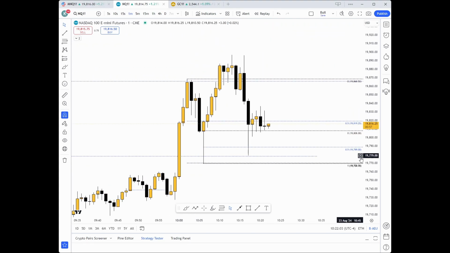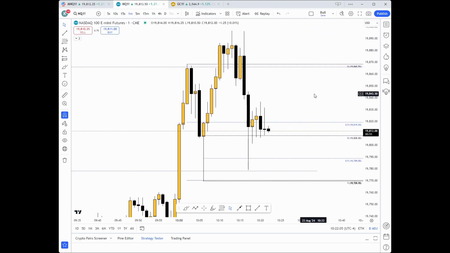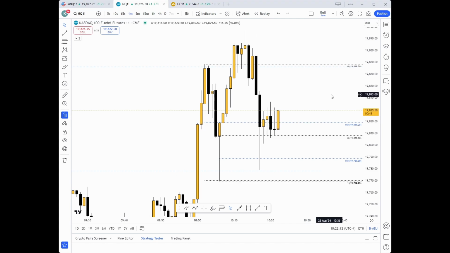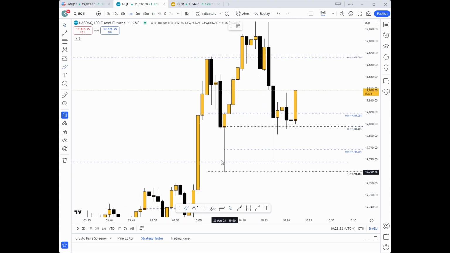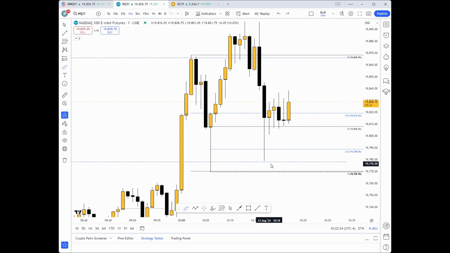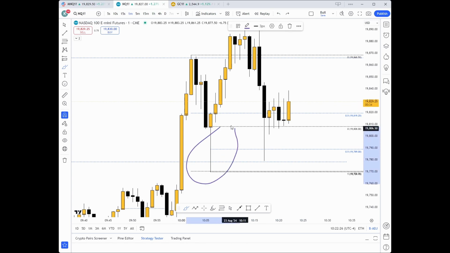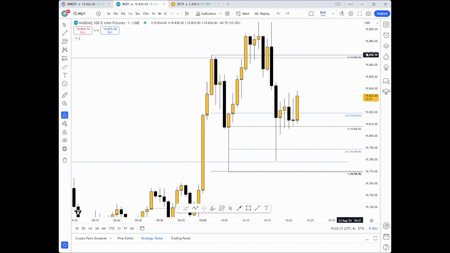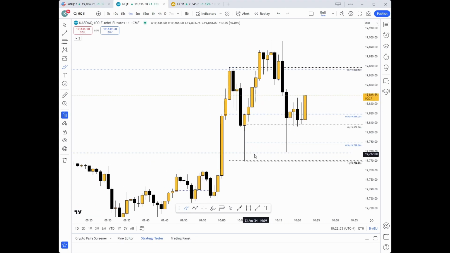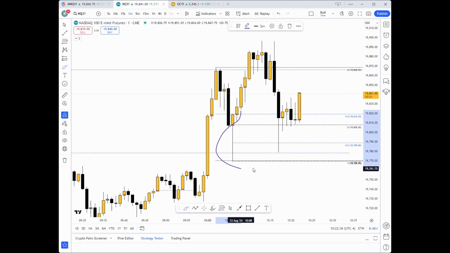When do you like to use the wicks as zones? How do you mean? Ah, you're talking about like the midpoint of this? When intense buying came off of it. Right?